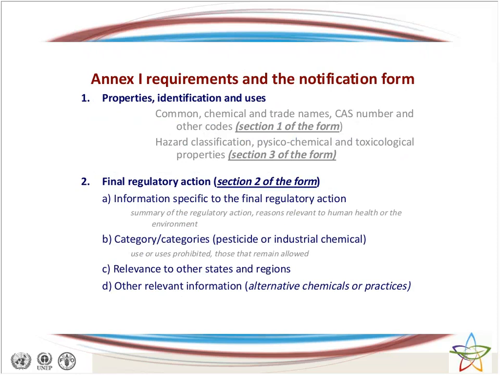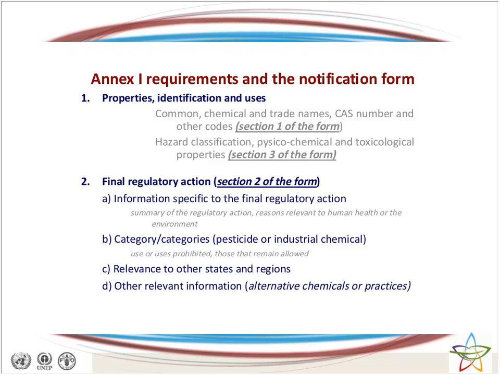And now we look at Annex 1 requirements for the notification form. So the notification form is divided in sections, Section 1, Section 2, and Section 3. In particular, we look at these 3 sections. The first section includes the properties, the identification, and the uses of the chemical to be included.